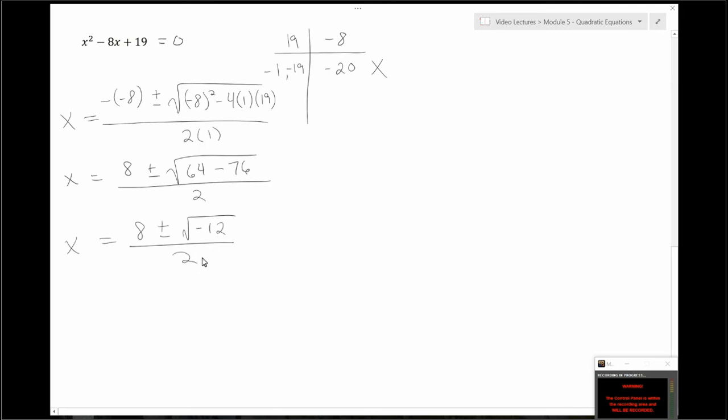And what I'm left with now is the square root of a negative number. This is a complex number. It's not real. And what this tells me is that this has no real solutions.